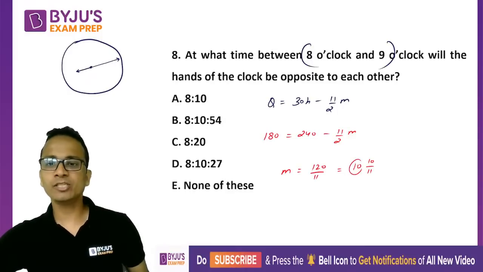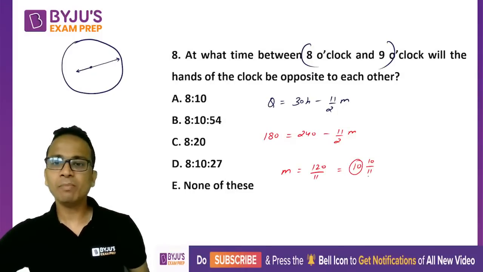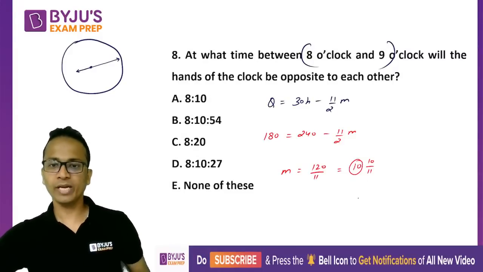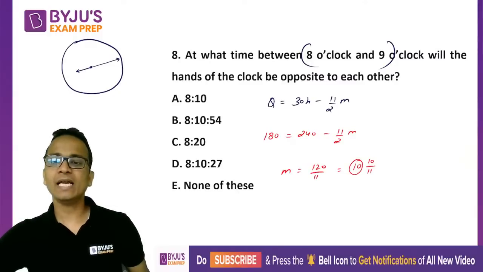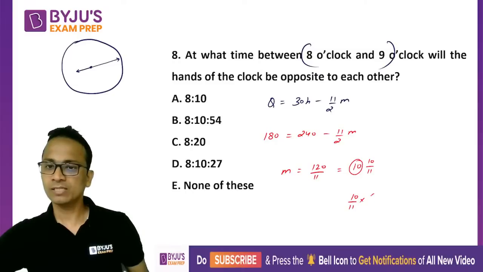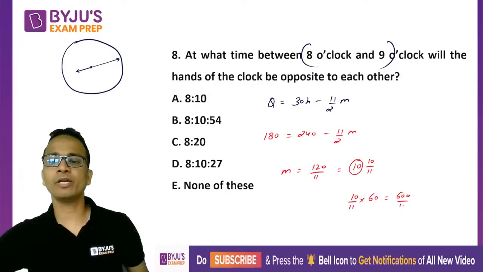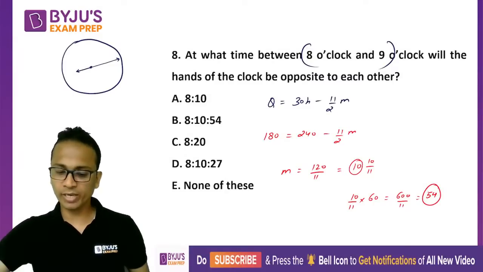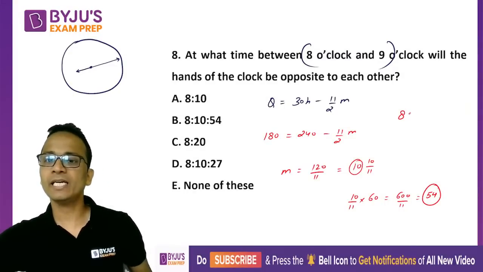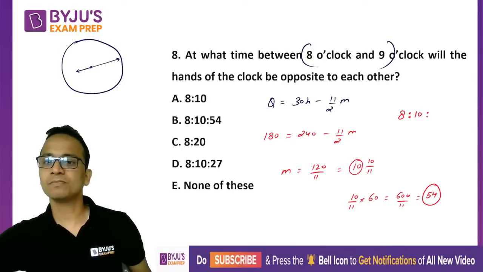Okay, so 10 minutes will definitely be there. Now let's convert 10 by 11 into seconds. So 10 minutes and then 10 by 11 of a minute. Multiplying 10 by 11 of a minute by 60, I'll convert it into seconds. So 600 upon 11, and approximately this will be 54. So the time will be 8 hours, 10 minutes and 54 seconds.